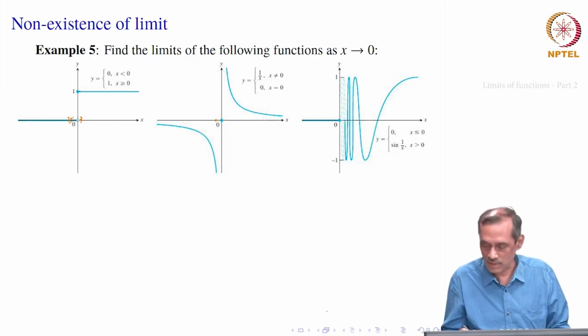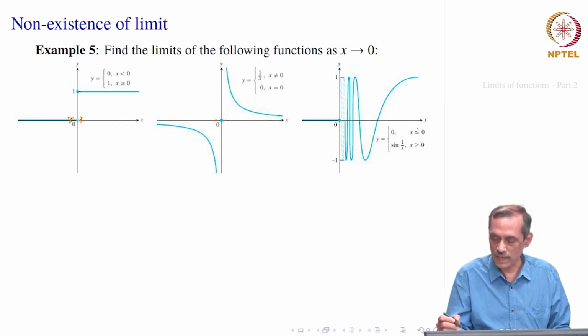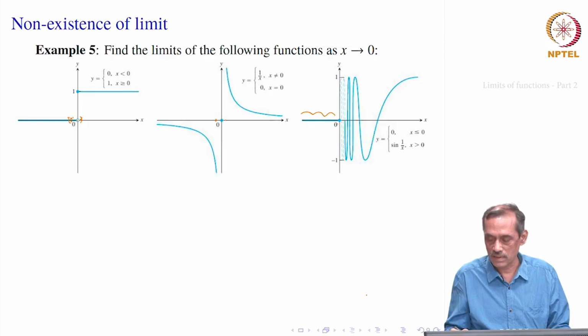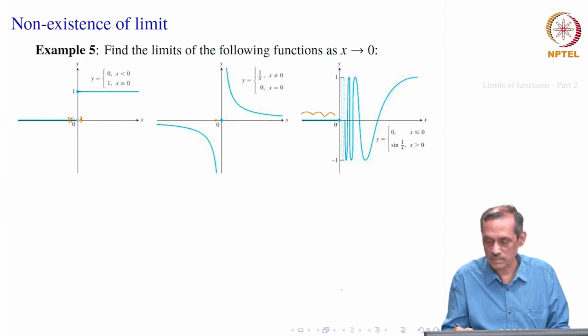Okay, let us look at the third one. Here f of 0 equal to 0, and not only that, it is also 0 for all the negatives. This is its graph, and it is sine of 1 by x when x is bigger than 0. You have to really plot it to see why the graph of sine of 1 by x looks like this.